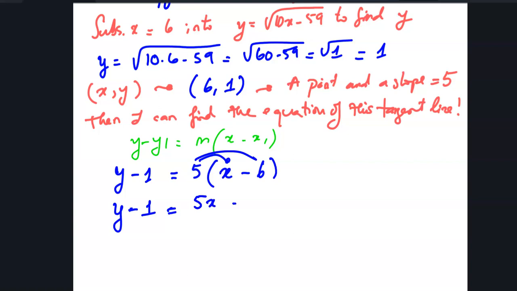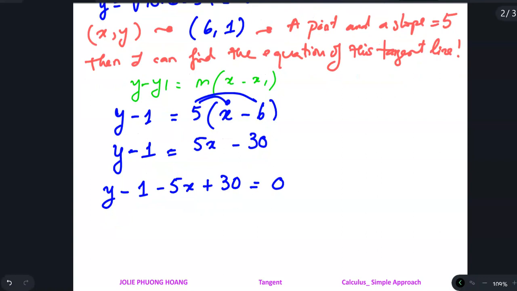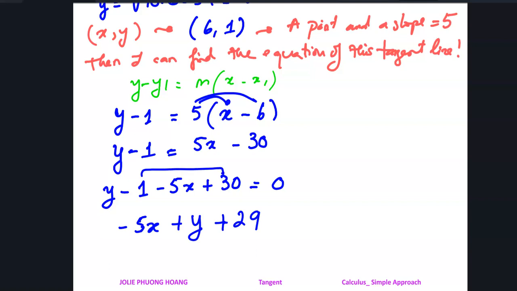I will have 5x minus 30, and I will bring everything to one side of this equation. I will have y minus 1 minus 5x plus 30 equal to 0. So I will have minus 5x plus y plus 29, because minus 1 plus 30 will give me plus 29.